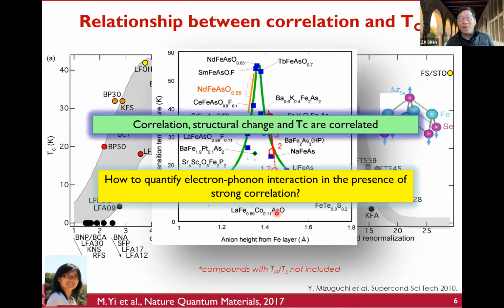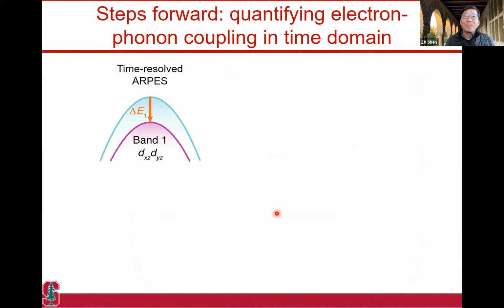For example, you can use Raman or optical and many other ways to measure it. You always need some sort of assumption, the bare dispersion, density of states, something. So if people do not agree with your assumption, then they wouldn't agree with your conclusion. So the question will be, can we devise a measurement that is a direct measurement, independent of this sort of assumption?